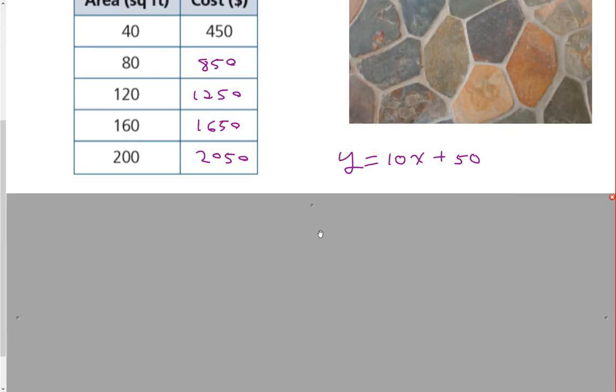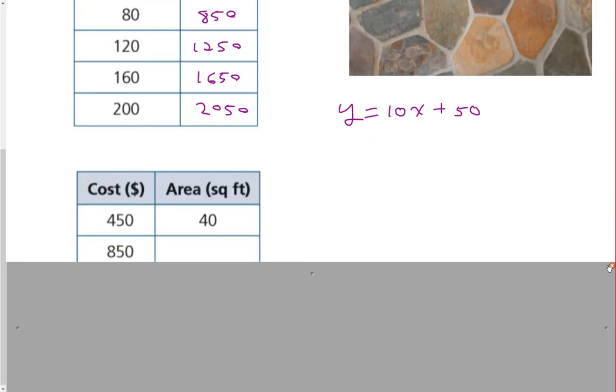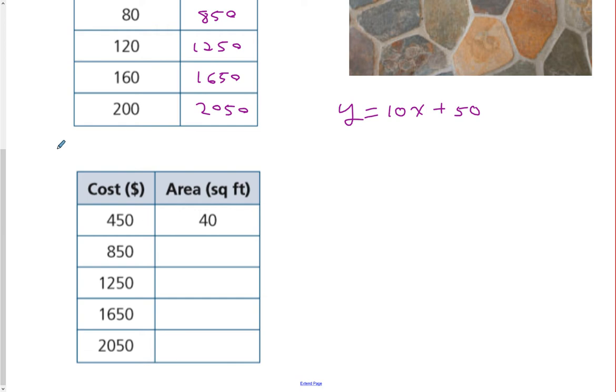Now let's think about this in a slightly different way. What if we wanted to describe this the opposite way? What if instead we wanted to see, well, how many square feet can I do depending on my budget? So if I have a budget of 850, how many square feet can I get done? What if I have a budget of 1250?